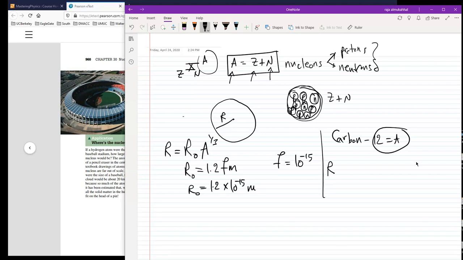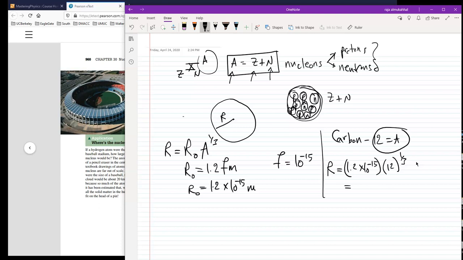All I need to do is R equals R naught, which is 1.2 femtometer, multiplied by 12 to the power of 1/3. And you just plug it in. I'm going to use my calculator here. So this will be 12 to the power of 0.333, and multiply this by 1.2.